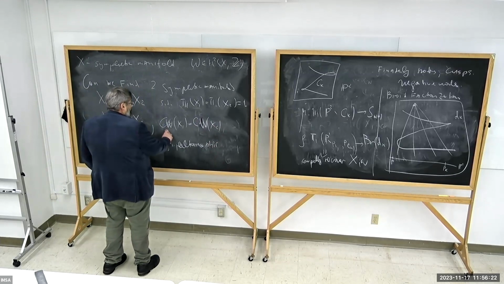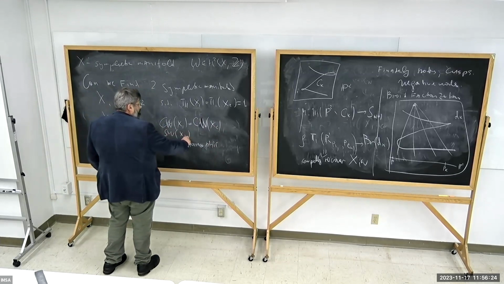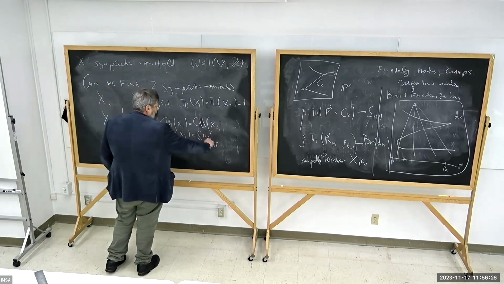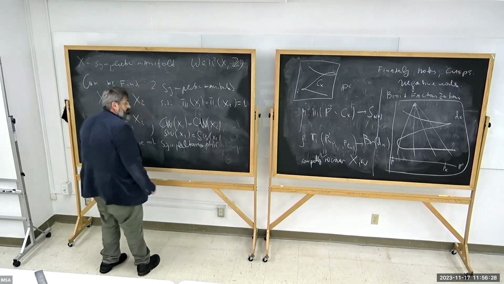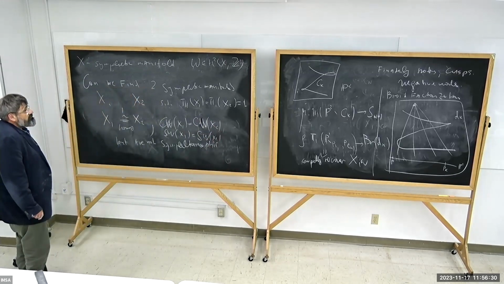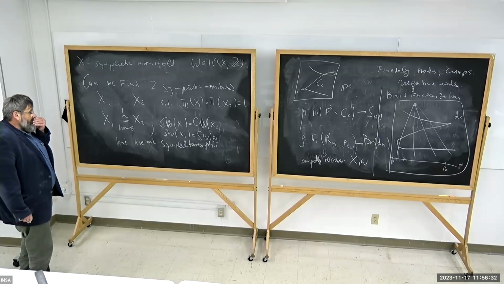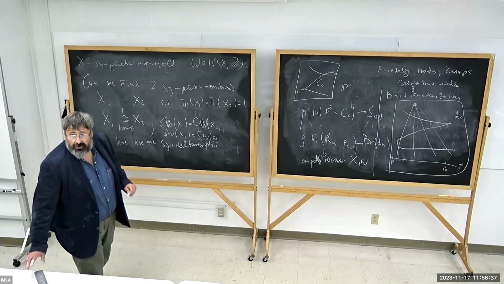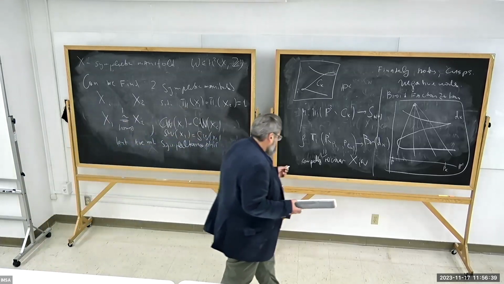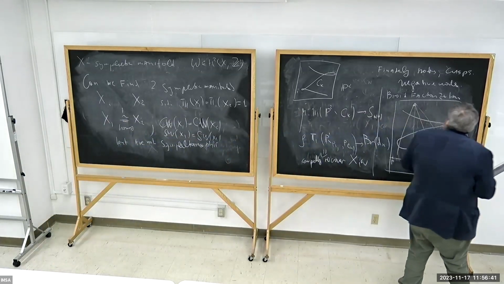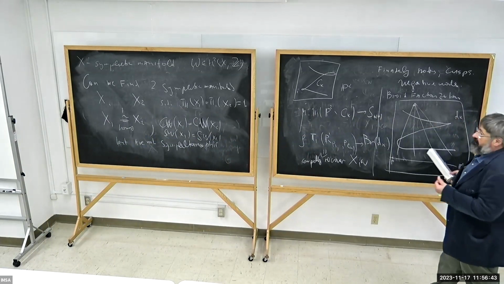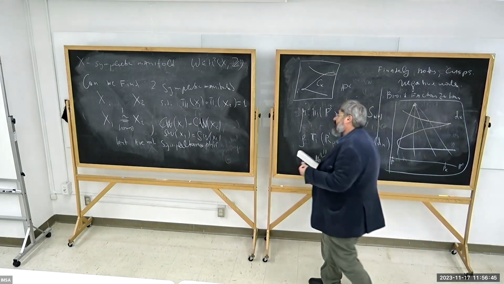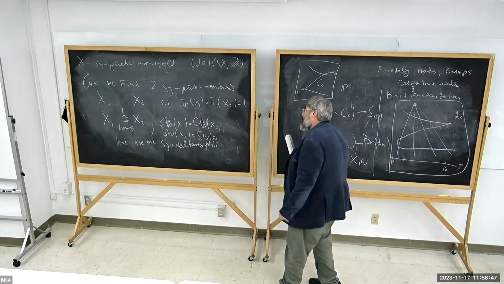We can ask the same question with Seiberg-Witten. It's like the same. So I must say that the answer to this question is not known. So it is a bit hard.